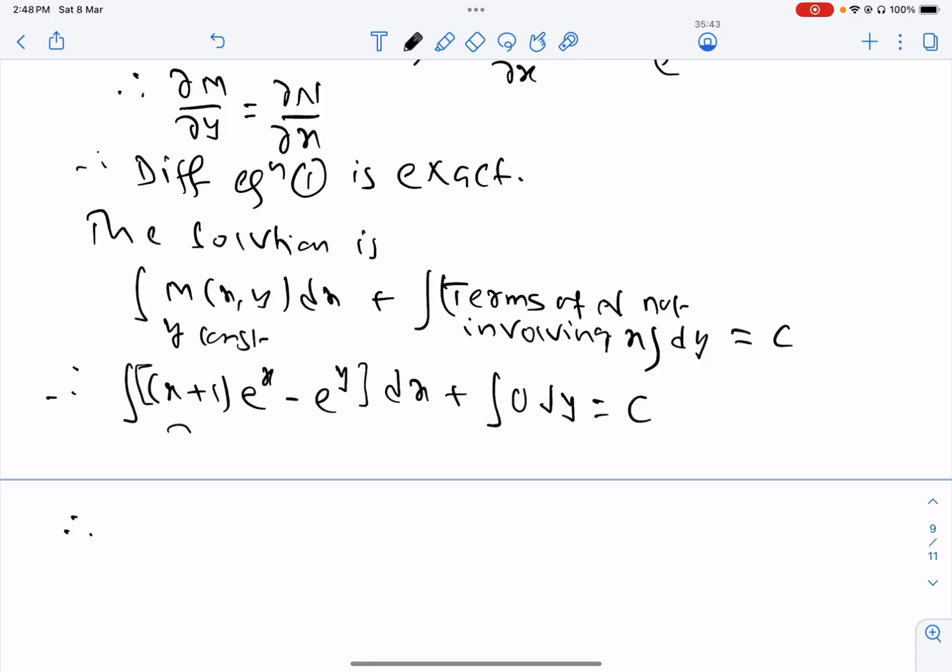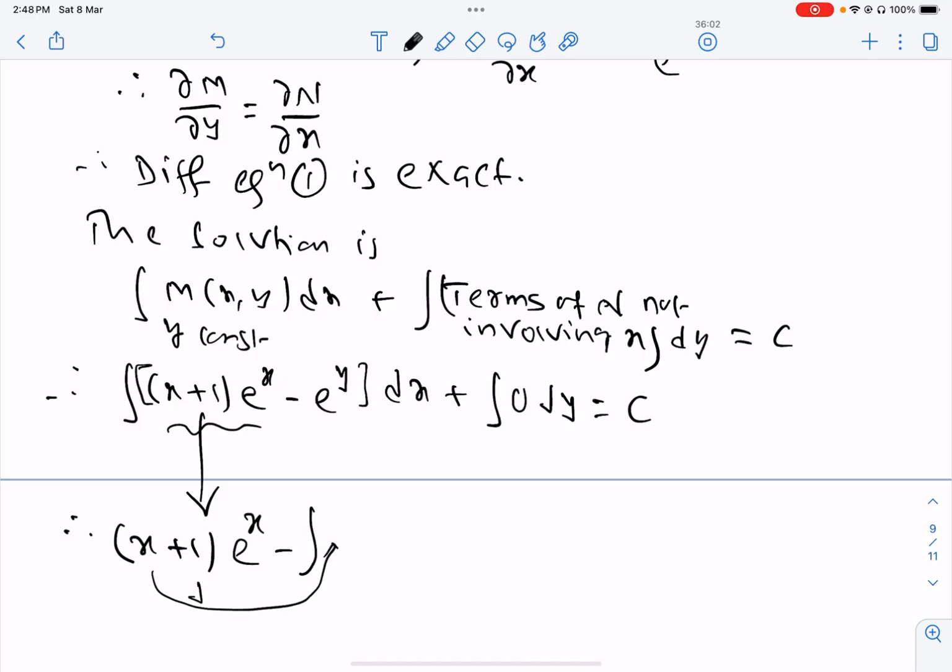So now the integration of x plus 1 e power x is integration by parts. So what is that integration? x plus 1 you can keep as it is, e power x integration is e power x, minus the derivative of x plus 1, that is 1, and the integration that we found right here dx, and that is equal to c.